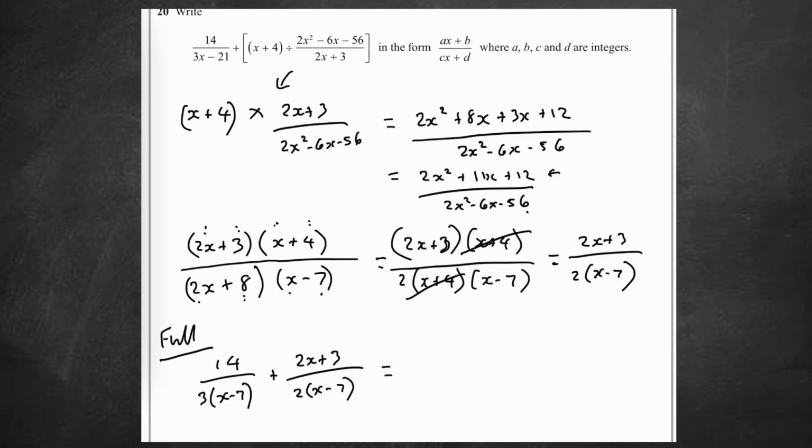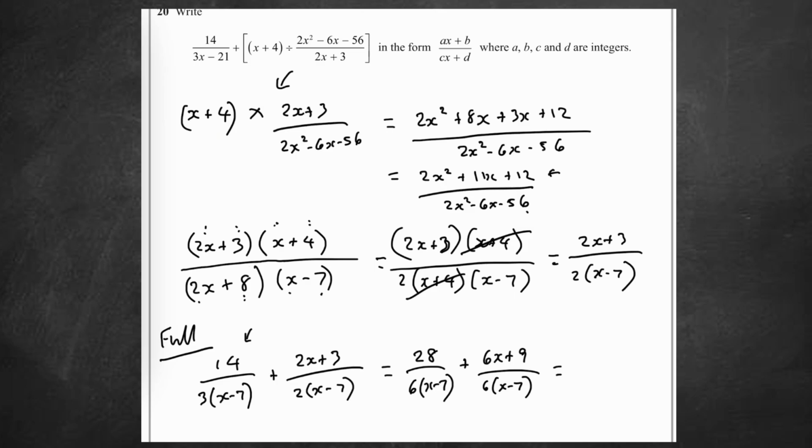So I'm going to multiply the bit on the left, top and bottom, by 2, and the bit on the right, top and bottom, by 3, so that we have the same denominator. So we're going to say this is 28 over 6 lots of x minus 7, and this is 6x plus 9 over 6 lots of x minus 7.